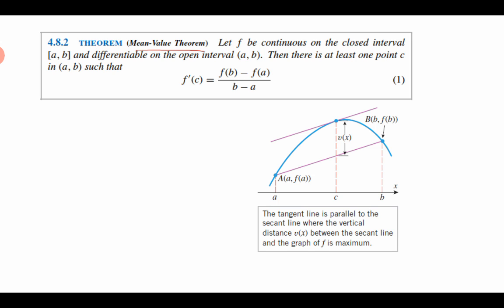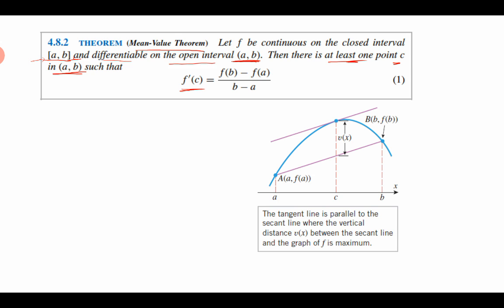f is a continuous function in the closed interval a to b and differentiable in the open interval. Differentiability is always in the open interval because at the closed interval endpoints the one-sided limit of the derivative may not exist. Then there is at least one point c in the interval, maybe more than one, such that f dash at c is equal to the average rate of change.